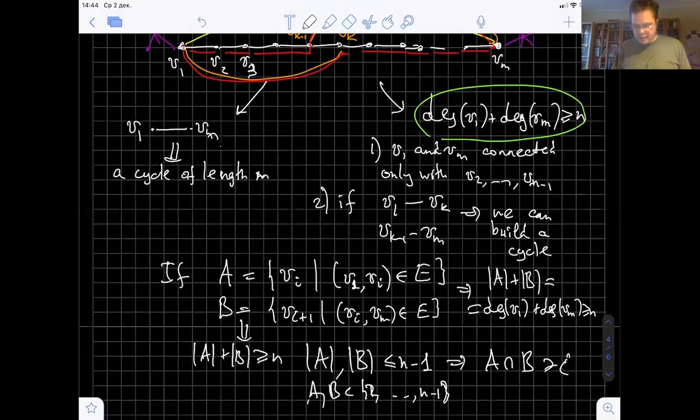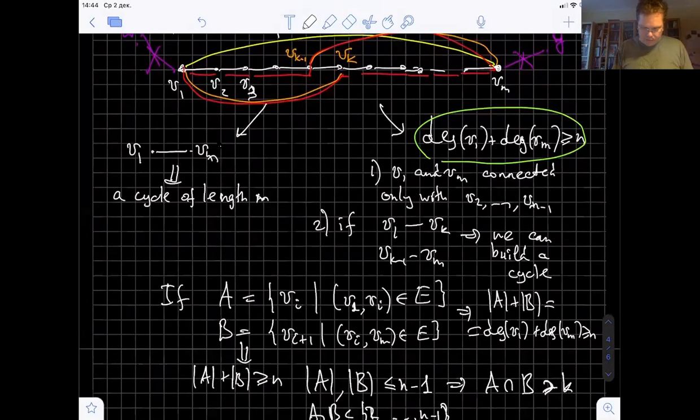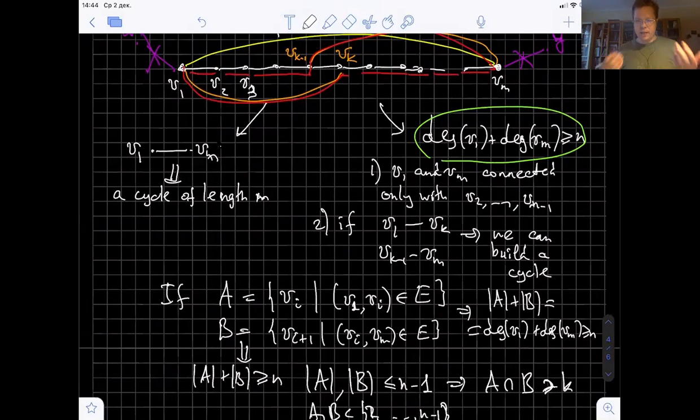So we have the vertex, number i, sorry, in the intersection. And maybe I will just denote this by k. And so if I have Vk from the A and Vk plus 1, Vk minus 1 connected to the Vm, then we have a cycle.